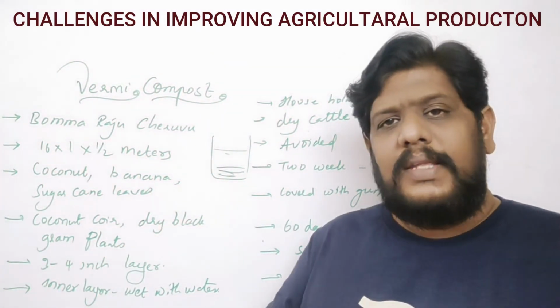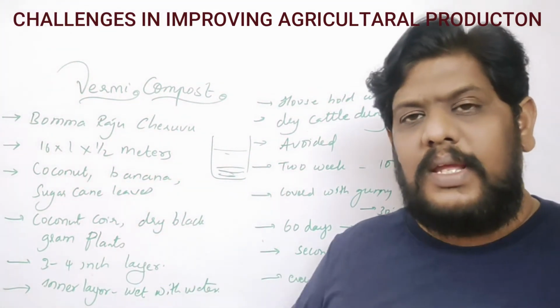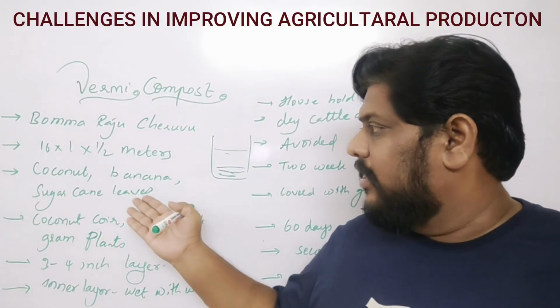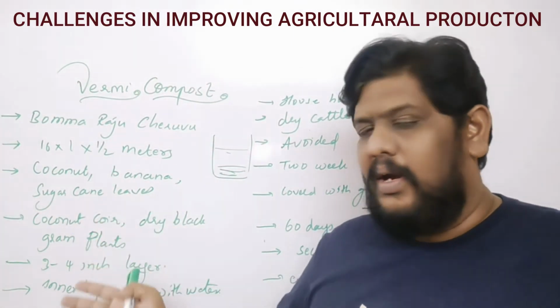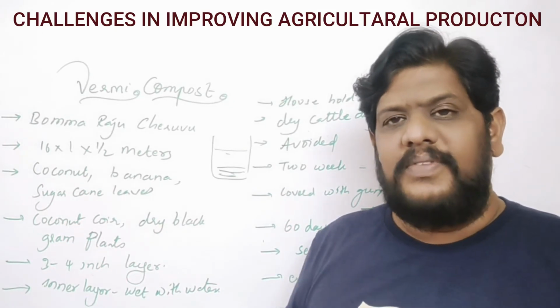These are all things which are not useful to people anymore, already used up. The banana coir and coconut coir are not useful for anybody.